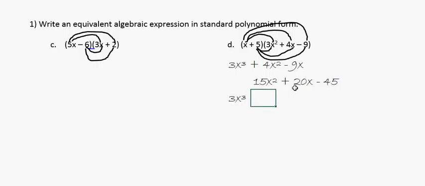And then I will add my 4x squared and my 15x squared. Fifteen plus 4 is 19.